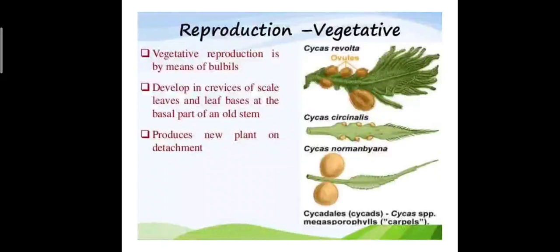Also from the roots, suckers may develop and they grow horizontally, horizontal to the ground surface. After detachment from the main plant, both the bulbils and the suckers develop into a new plant. So this is the mode of vegetative reproduction occurring in Cycas.